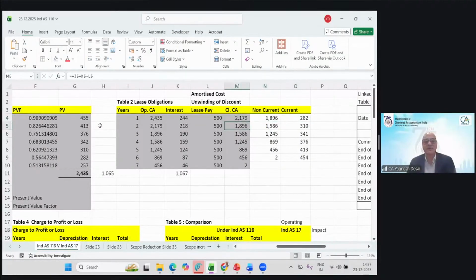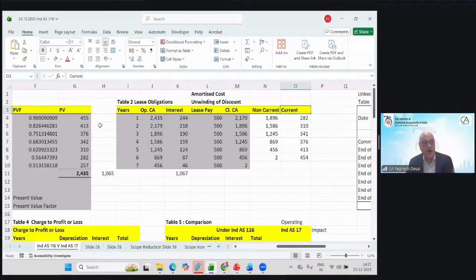Don't think too much. See what's the carrying amount at the end of the next year. It is 1896. So this is my non-current liability. What is the difference between 2179 and 1896? It is 282. That's the current portion of the lease obligation. Don't forget, my dear friend, you have to classify lease obligations into current and non-current.